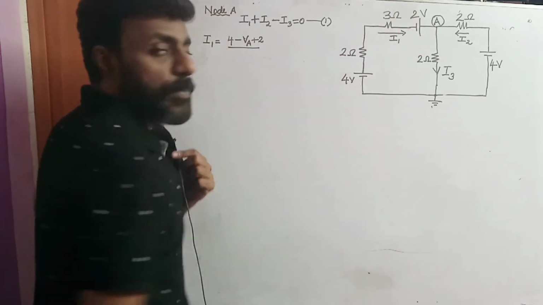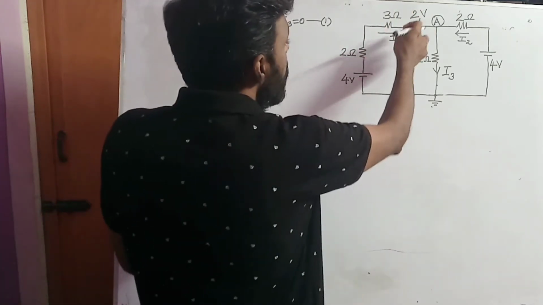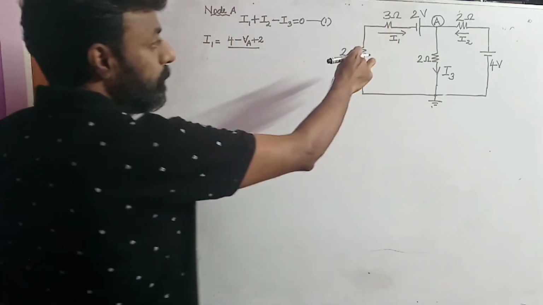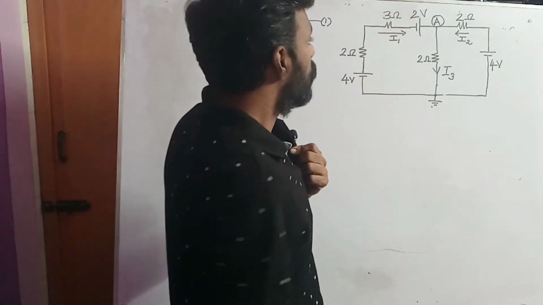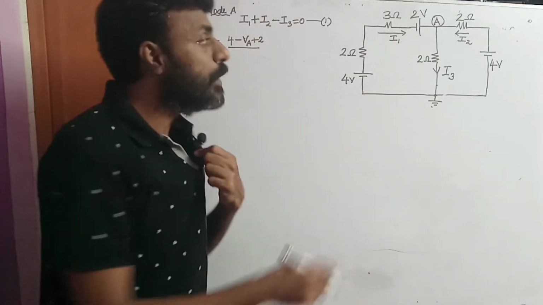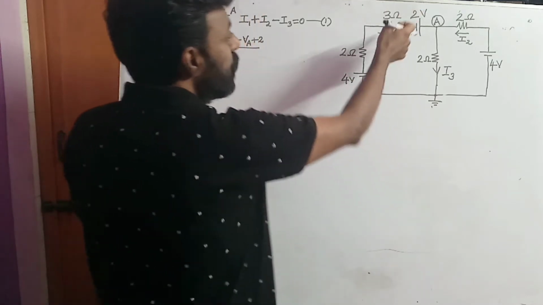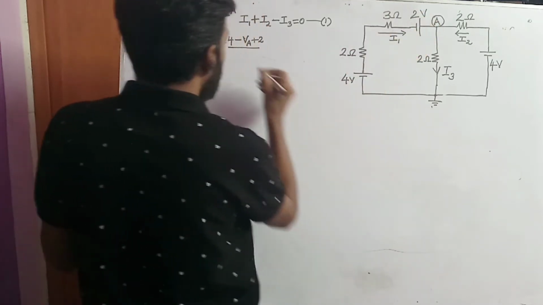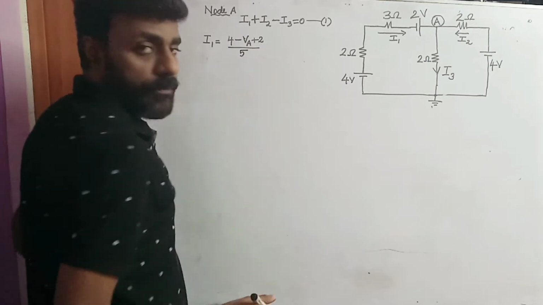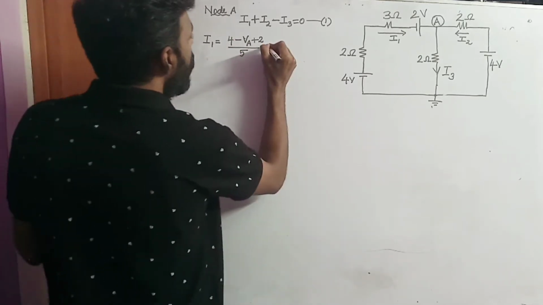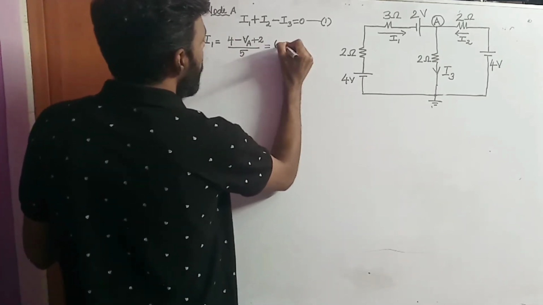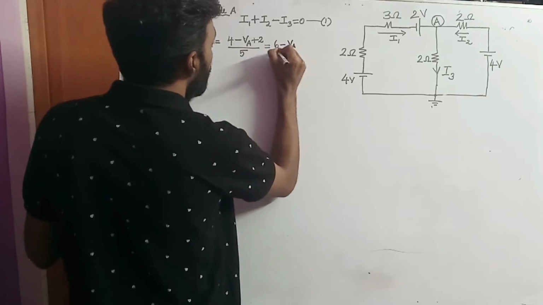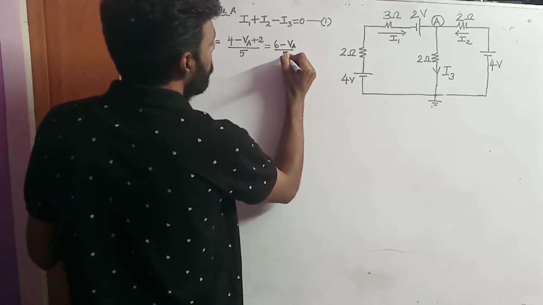We have two resistors connected in series in this branch, and when resistors are connected in series, we add them: 3 plus 2 is 5. So 4 plus 2 is 6 minus VA, divided by 5.